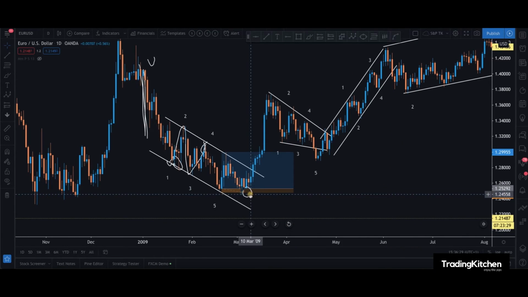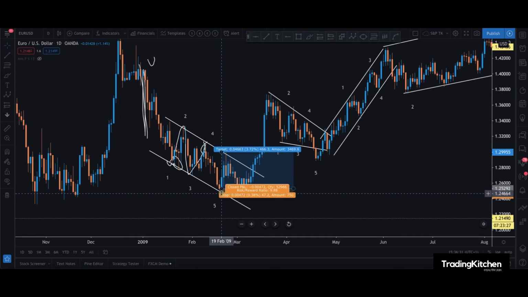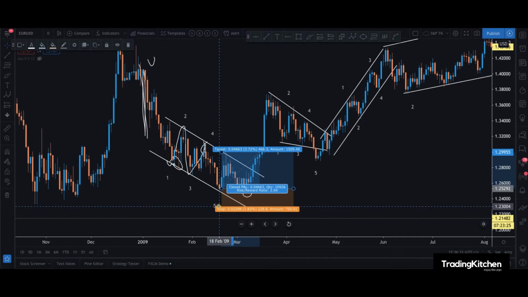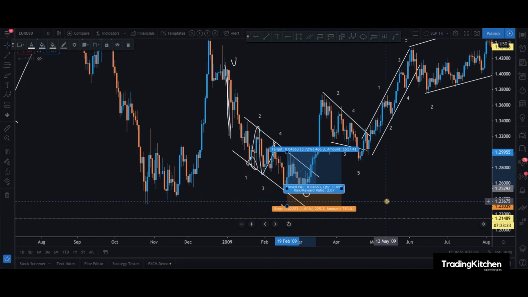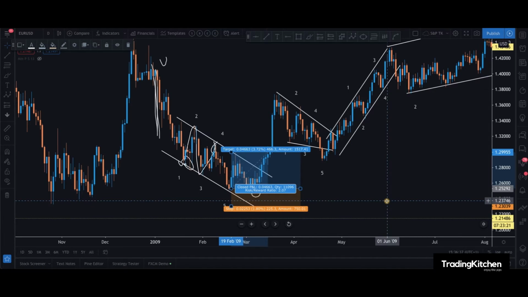But you can avoid this kind of trap if you use a larger stop loss, 2 pips, 3 pips below the lower low.